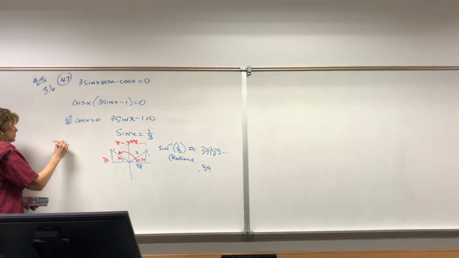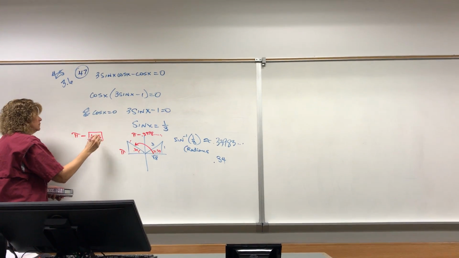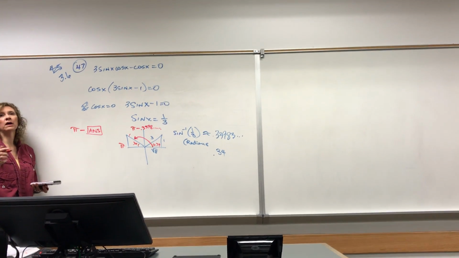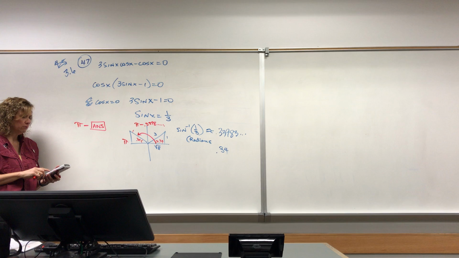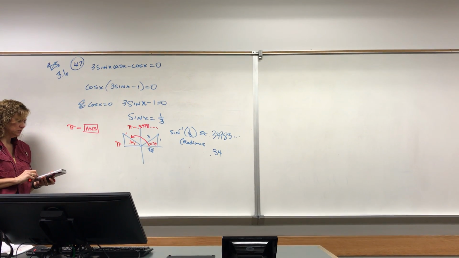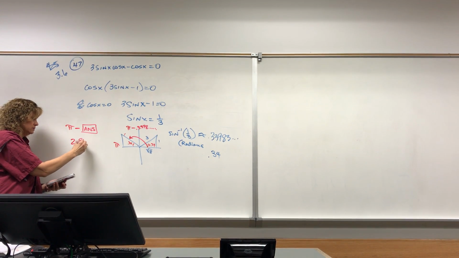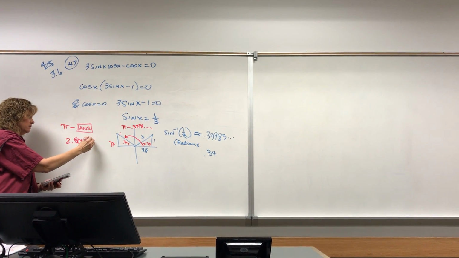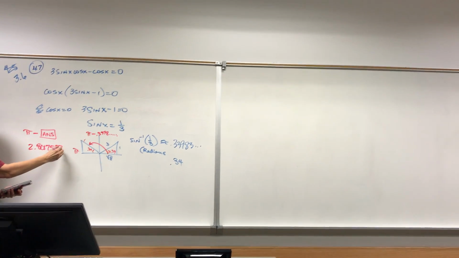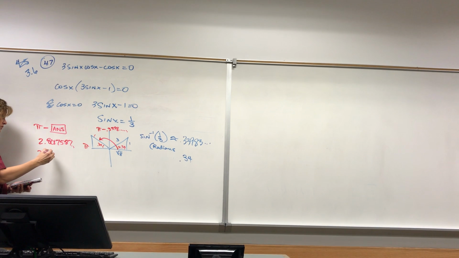Use the pi button on the calculator and then access our answer button, so you're not rounding in the middle of the problem. So pi minus the answer equals 2.8017557. Wow, that's wonderful. 2.80.